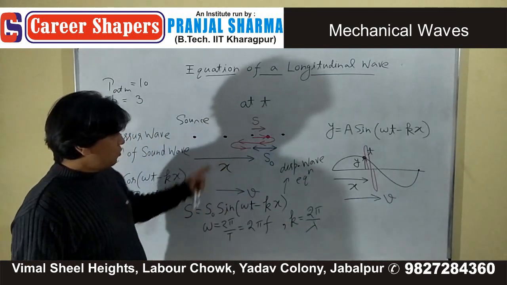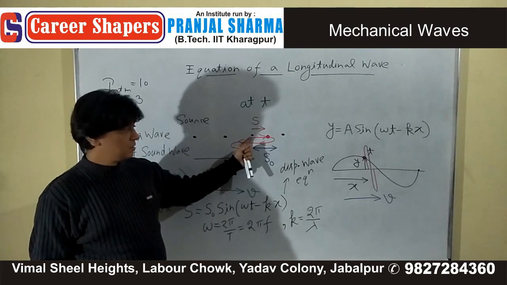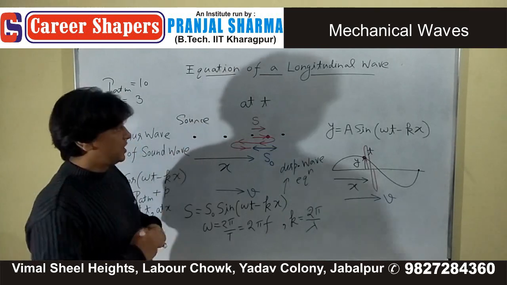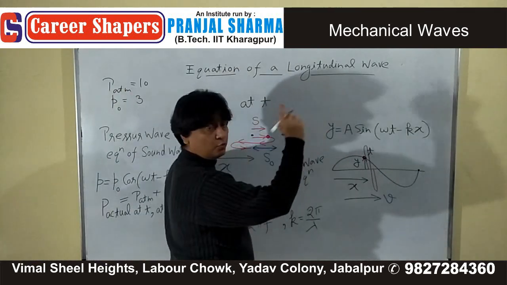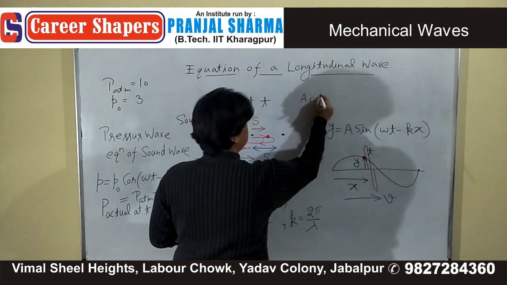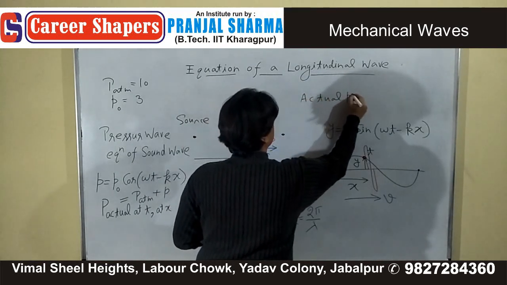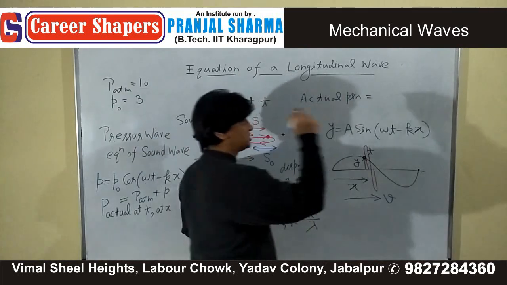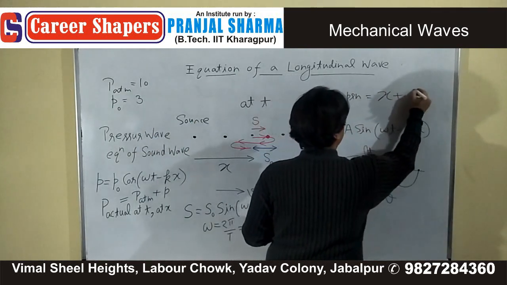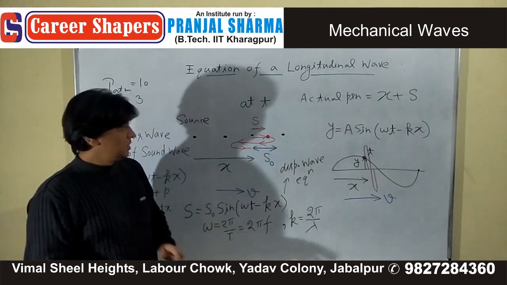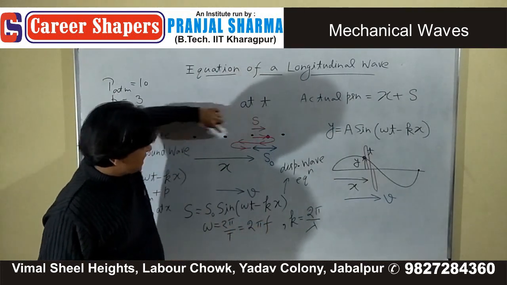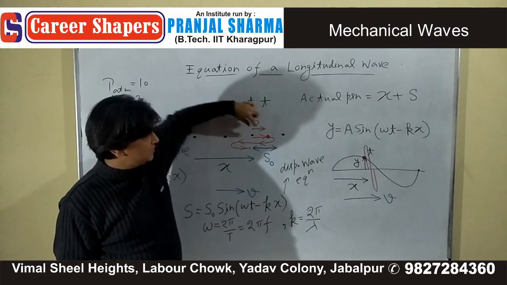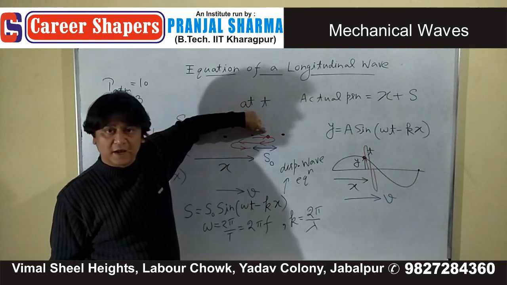If I ask you, what is the actual position of this particle with respect to source? If we write the actual position of this particle at time t with respect to source, then the answer will be x plus s. Suppose this is 10, and you found at time t that this particle is 2 meters ahead.